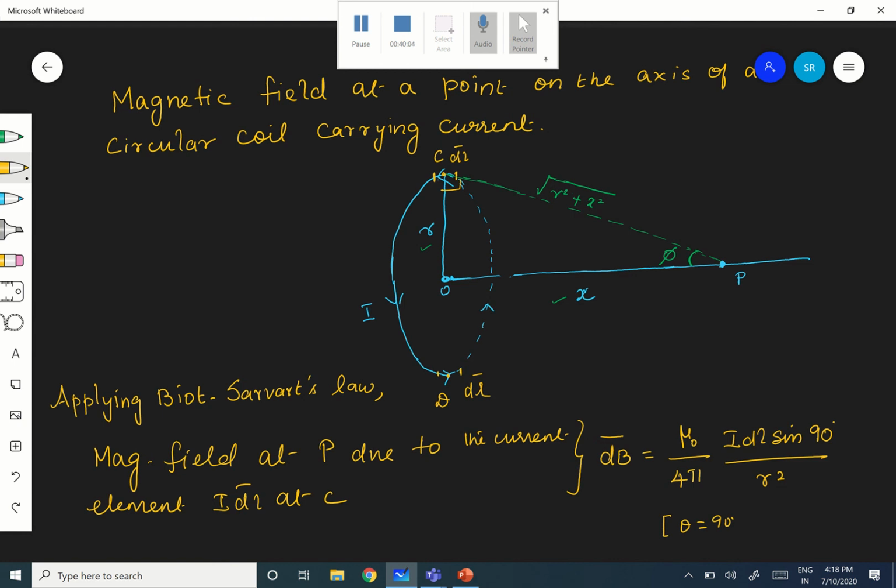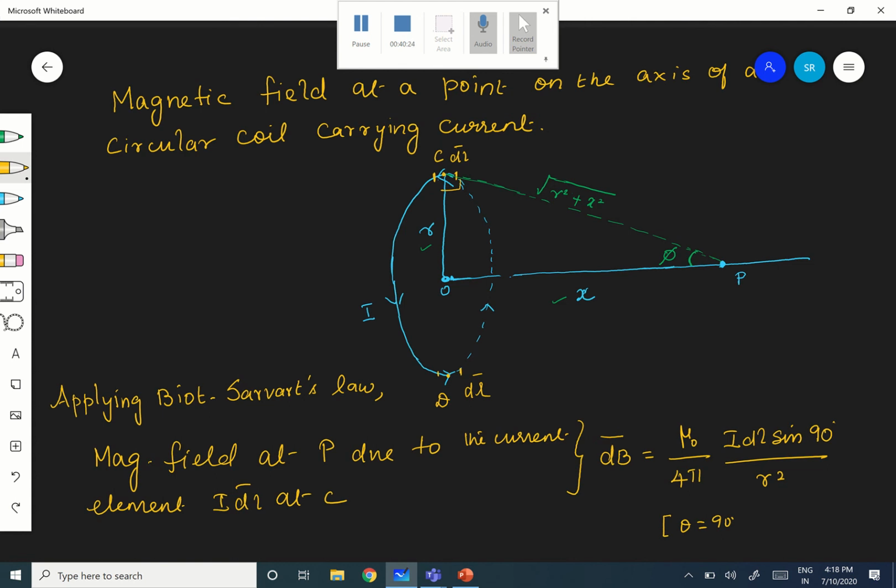If the coil is very small, the angle PCO can be approximated to 90 degrees.